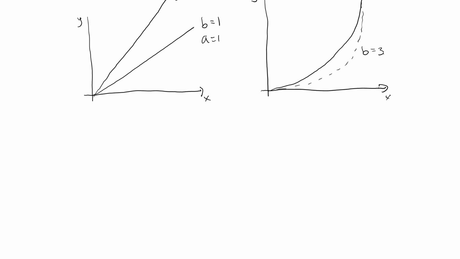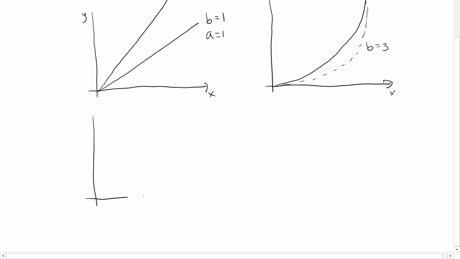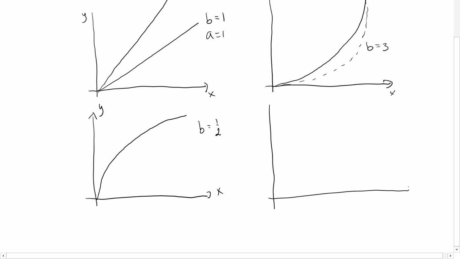For b in between 0 and 1, the function looks like this. So this could be b equal to 1/2. For a equal to 1, this is just the square root of x. And for negative values of b, the function looks like this.